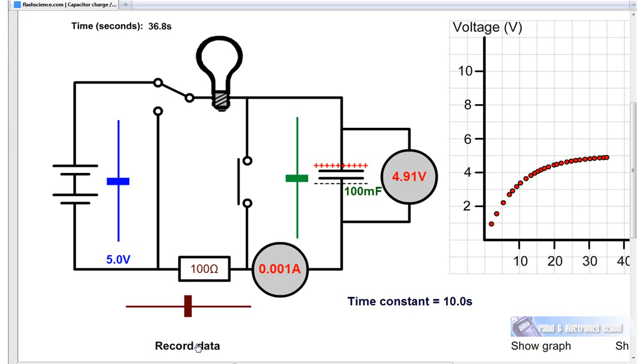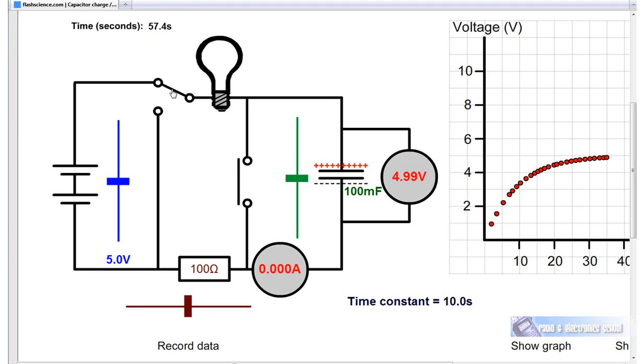So we're nearly at 5 volts, and that will take a little while for it to actually reach 5 volts, but eventually it will. And the capacitor is fully charged. We'll presume it's 5 volts now because the current is 0, and in a short while that will say 5 volts.